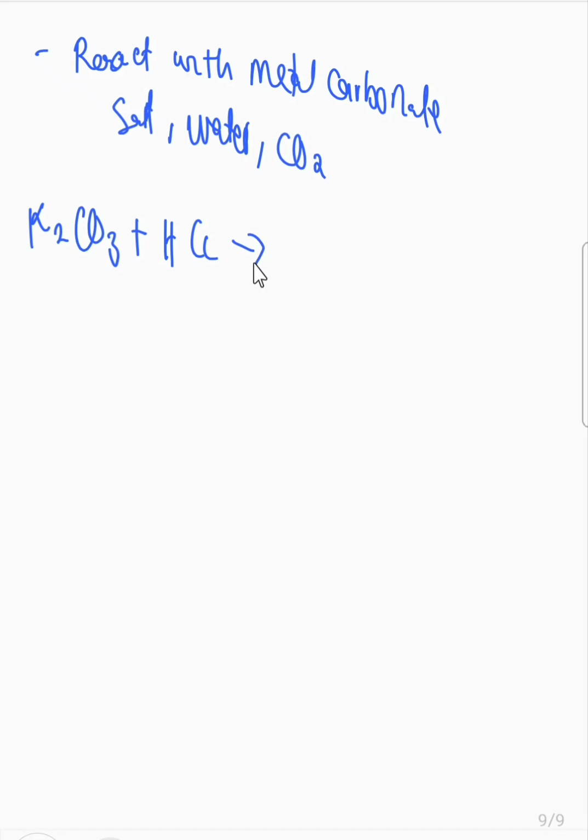Then you are going to produce, we have a metal which will displace hydrogen from the compound to produce potassium chloride, the KCl, plus water. This hydrogen ion will steal one oxygen from the carbonate to produce water, H2O. Then we are going to remain with carbon dioxide gas as a product.